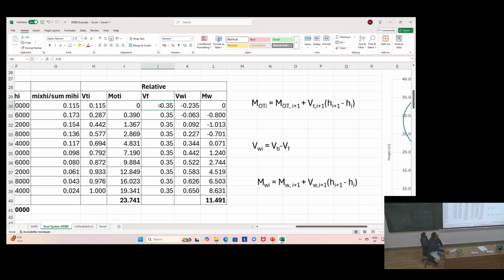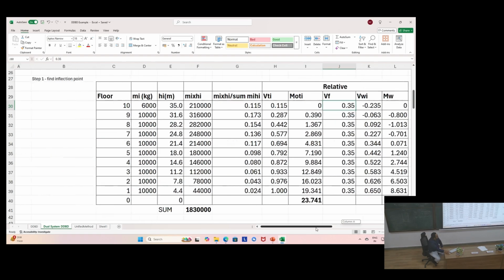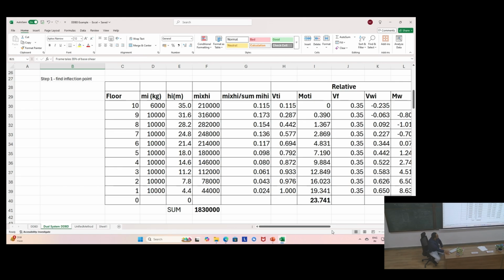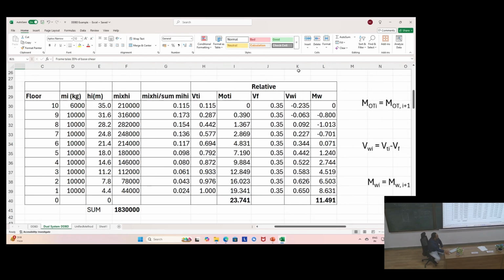What is this? VF? The shear that is transferred to, the contribution of the frame, which is, and why it's 0.35, because it's given to us, that's 35% contribution taken up by the frame, right?